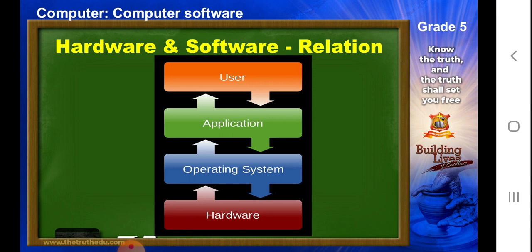After the operating system, it passes on to the system hardware. When the hardware receives that information, it processes the data and puts it back to the operating system. Then it moves to the application, and at last you as the user can see the output on the monitor screen.